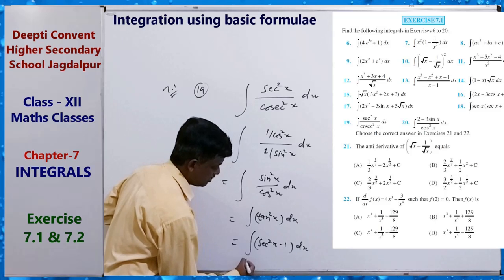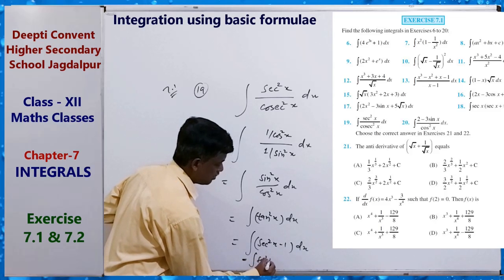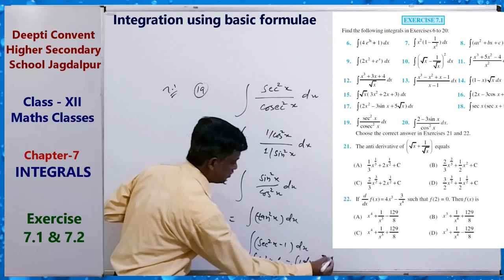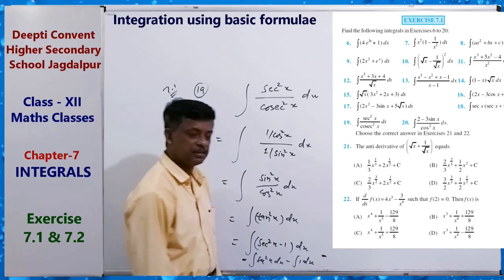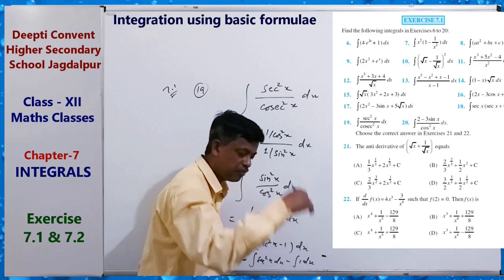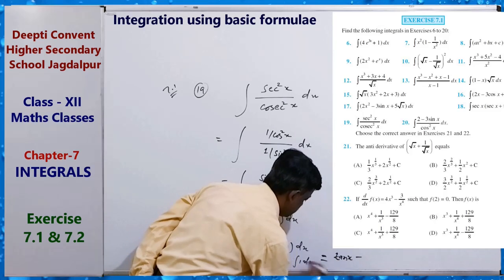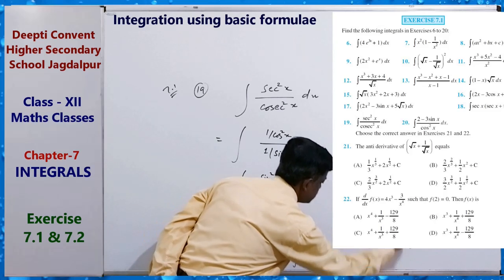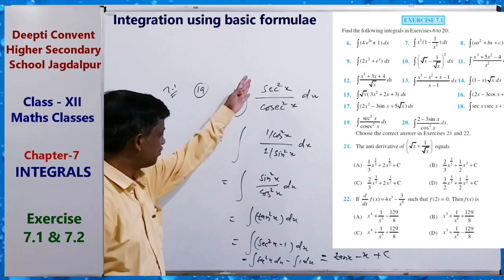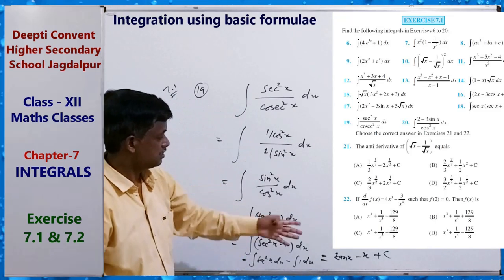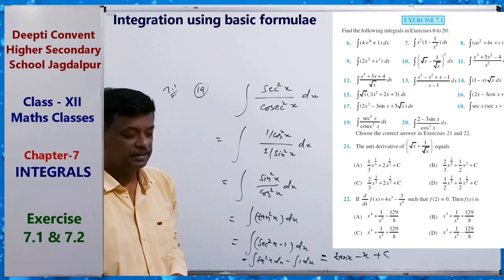Now distribute it: integration of sec square x dx minus integration of 1 dx. By the standard formula this equals tan x minus x plus c. So this is question 19.